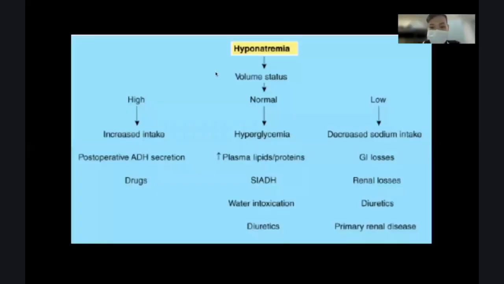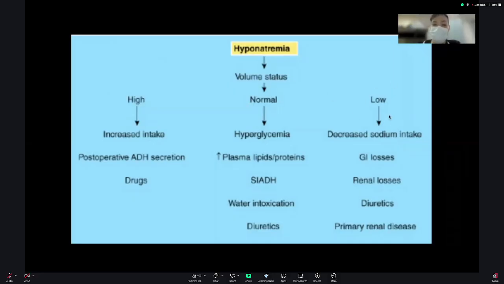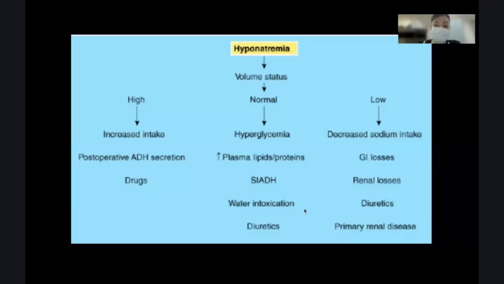So again, this is from your Schwartz. This diagram only shows that you can have hyponatremia in different volume status: high volume status, normal volume status, or even low volume status. And these are the different conditions wherein you would have hyponatremia in different volume status.